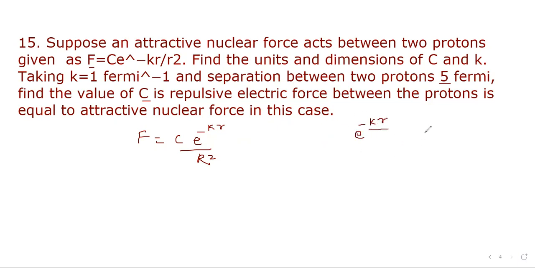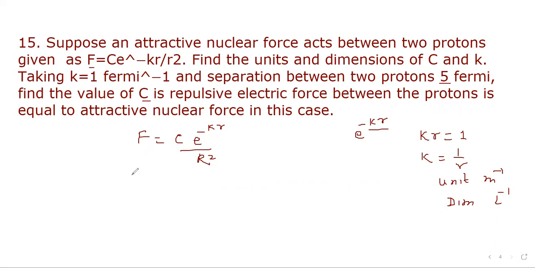It means the dimension of KR must be unity. So the dimension of K or unit of K will be 1 upon R. So the unit will be meter power minus 1 and the dimension will be L power minus 1. And now consider this: if we take this e as a number, in that case no dimension is needed.